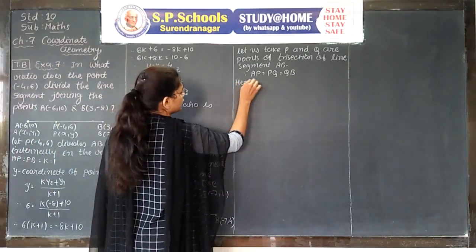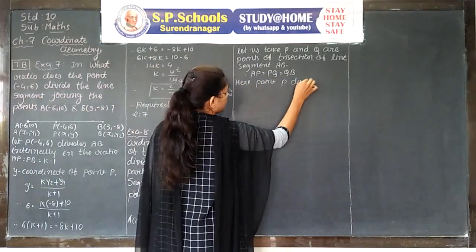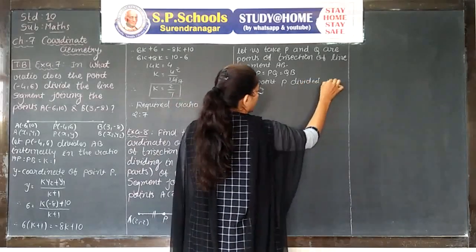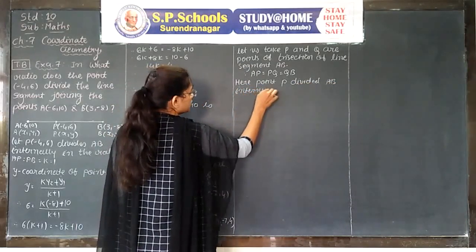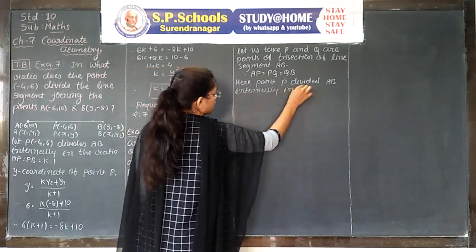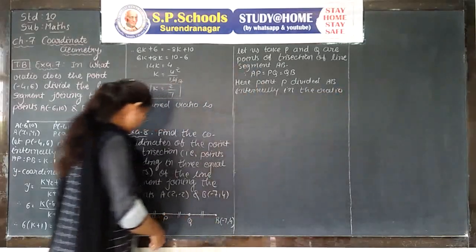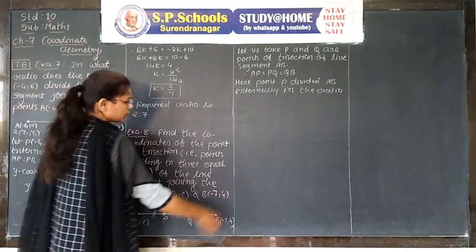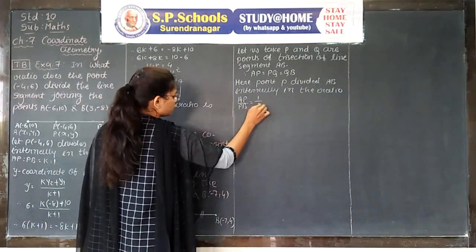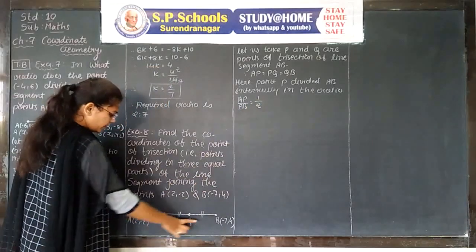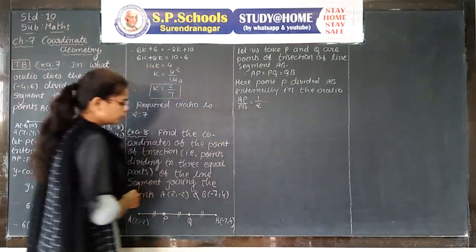Here point P divides AB internally in the ratio AP upon PB, which is 1 first part and there are 2 parts, that's why 1 upon 2.